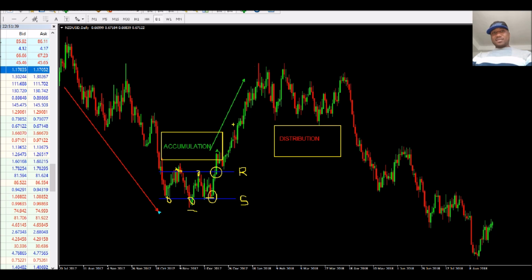Now, let me go back to the older phase. Now that the market went down, the market ranged, and you can see a sign with this higher low that the market is even pushing to the upside, and now we have the market break the resistance, and now professional traders are making money in the market.